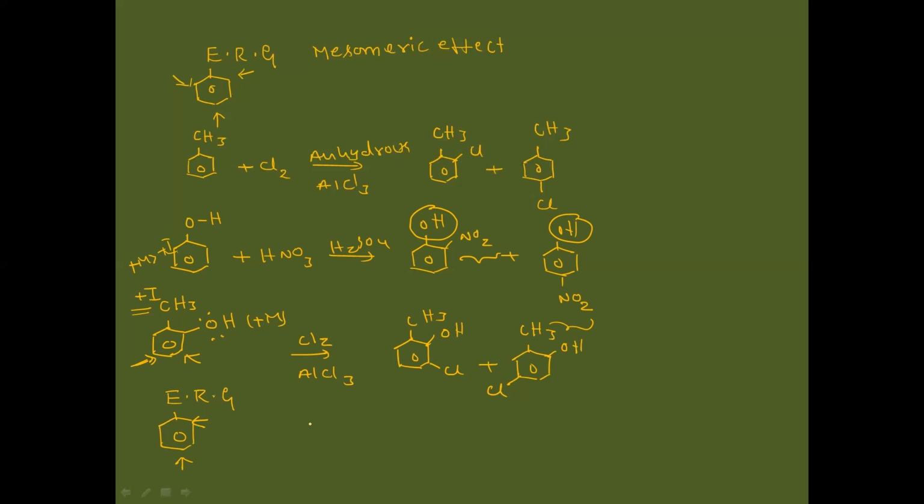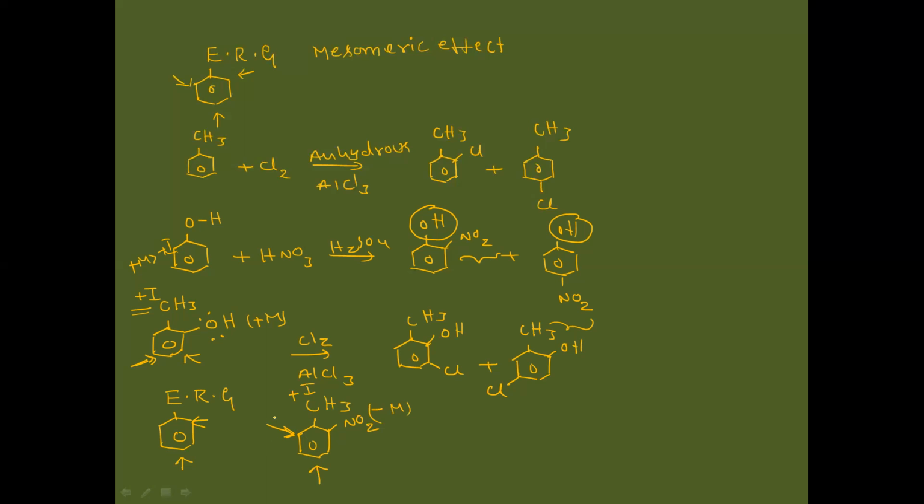Let's say an example, CH3 and NO2. This CH3 is plus I and this NO2 is minus I. Now, with respect to the electron releasing group, the substitution should take place at the para position and ortho position.